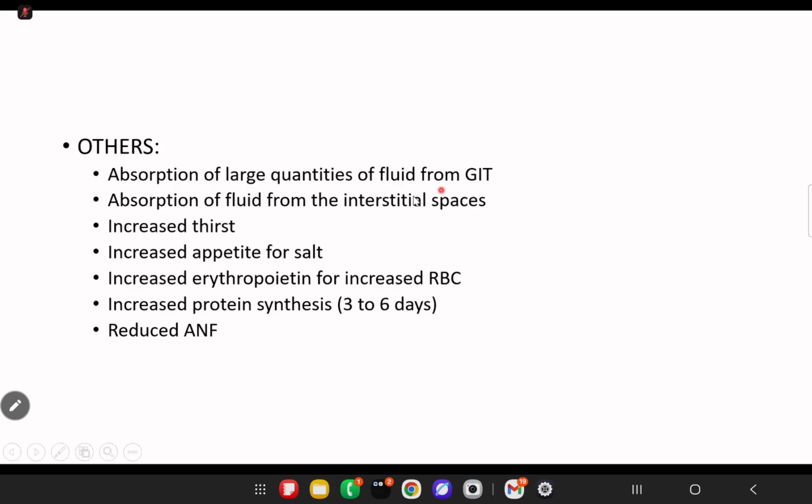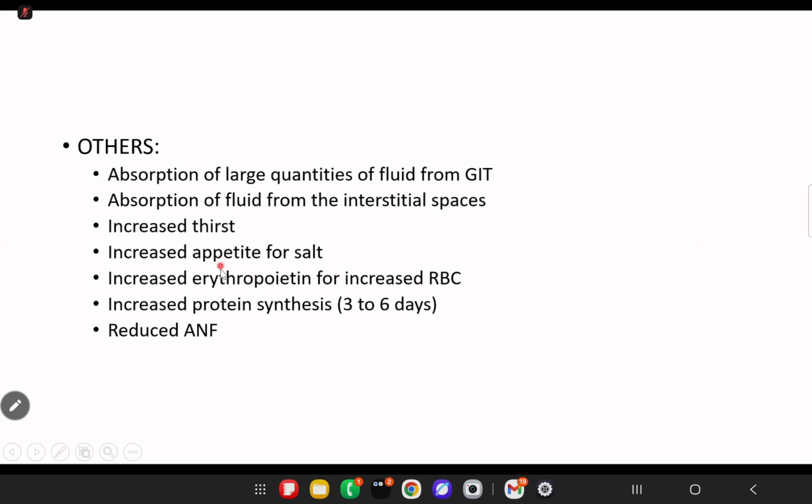There is increased fluid absorption from the gastrointestinal tract as well as your interstitial spaces. You will feel thirsty and increase appetite for salt, so that will make you behaviorally go and look for water and food.